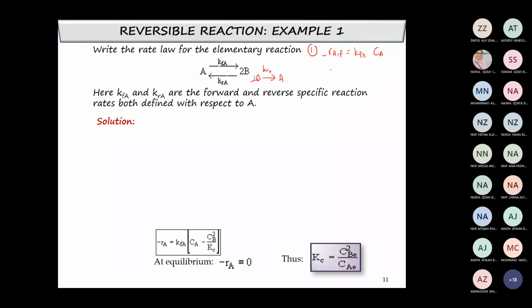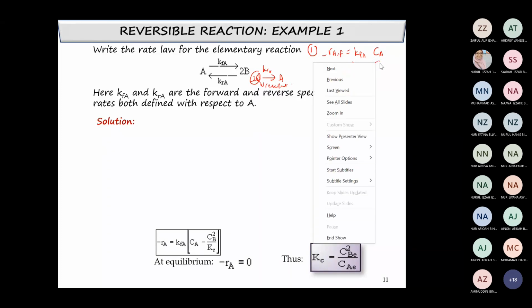Okay, so positive is RA reverse is equals to KRA times with the CB. Okay, remember sekarang ni adalah jadi reactants. Okay, so dia akan jadi macam tu lah. Okay, so daripada situ we know that KRA CB, jangan lupa sini kena letak kuasa 2.